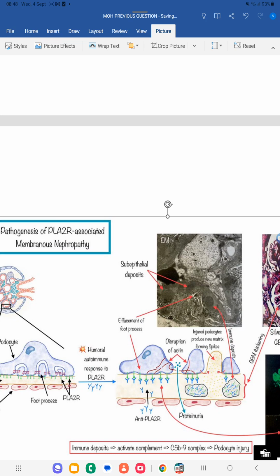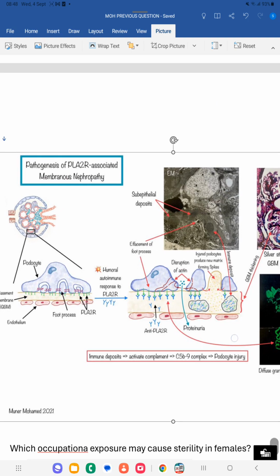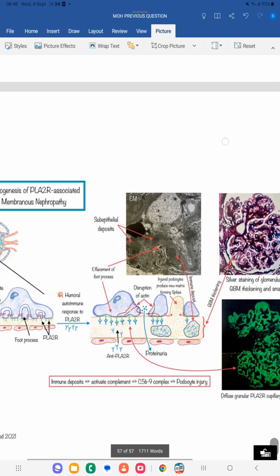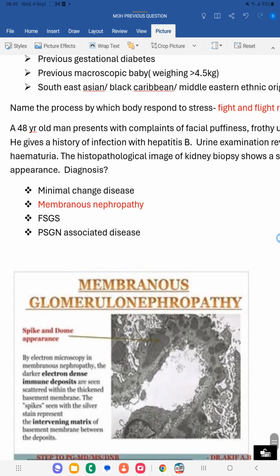There are inflammatory changes happening. So that's why this spike appearance and thickening of the glomerular basement membrane happen, and because the podocyte is not working, the proteins start flowing through the urine. So you will get nephrotic syndrome.